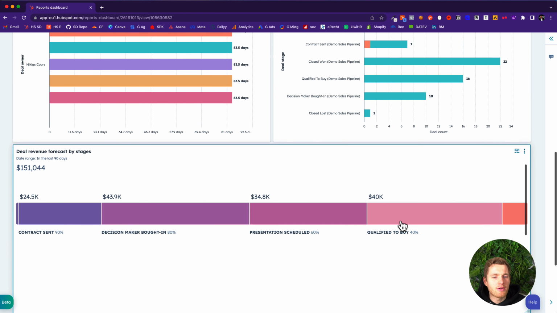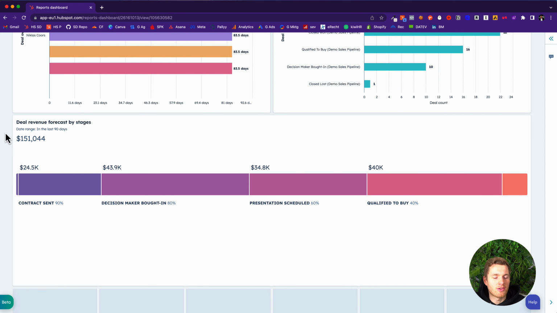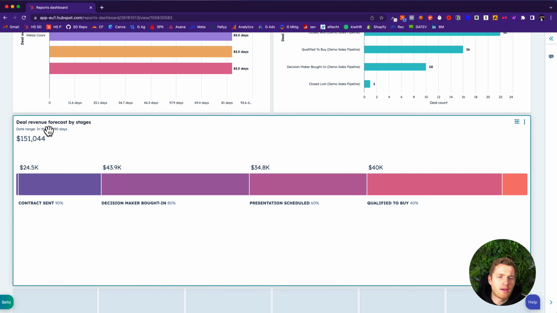And then the last one, pretty simplistic, but always a go-to as well in senior management updates or communications, is the deal revenue forecast by stages. So you just look at, say here in the last 90 days, total deal revenue forecast is $151K.